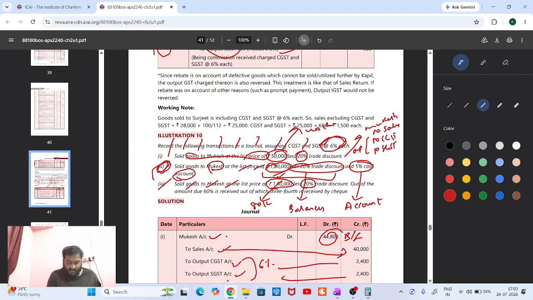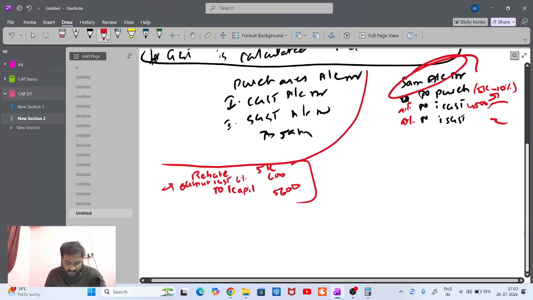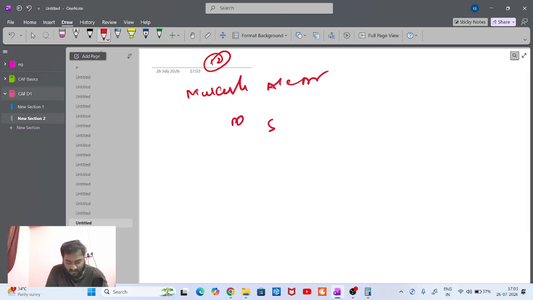The entry is Mukesh account debit. Mukesh at the list price of 1,50,000 minus 20%. We do this in the new page, number 12. Mukesh account debit to sales.